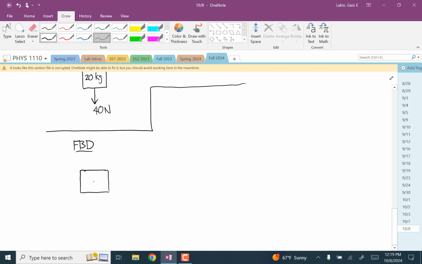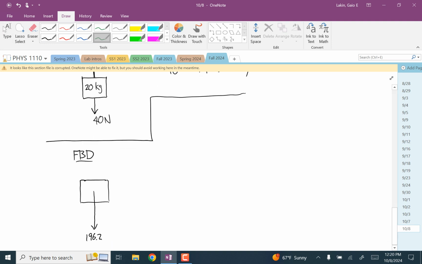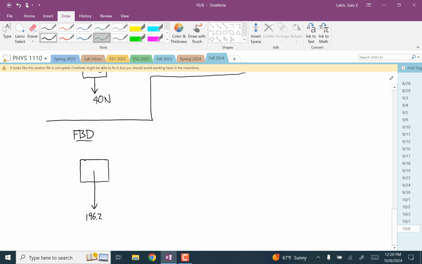The weight force is down. The magnitude is 20 times 9.81, so that's 196.2 newtons down. Then we're told that there's an additional 40 newtons down there.